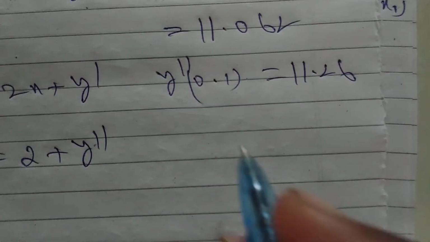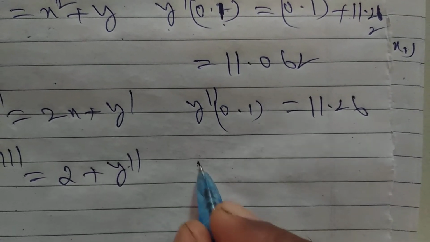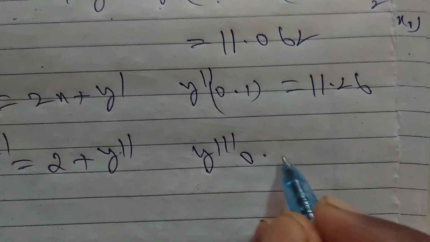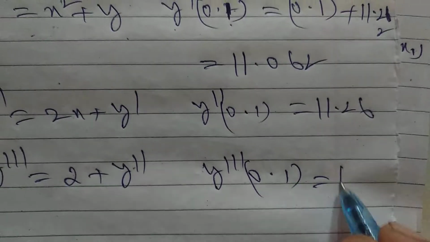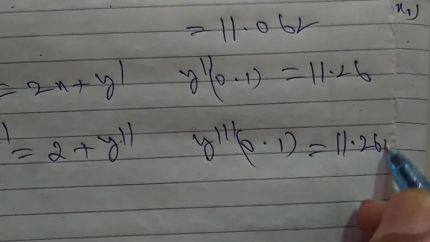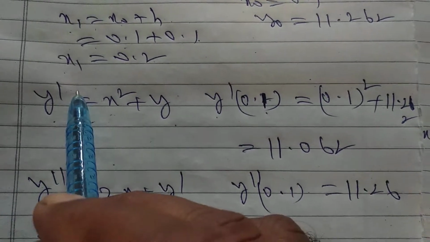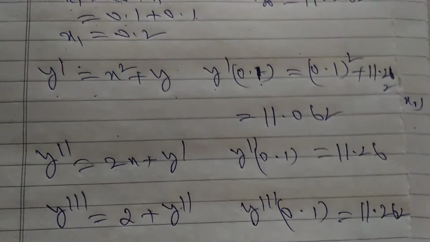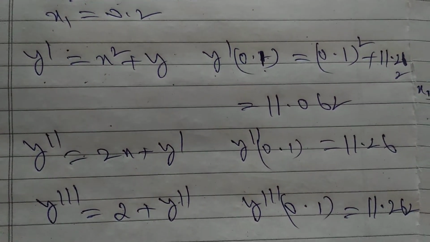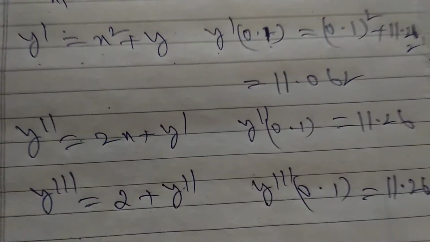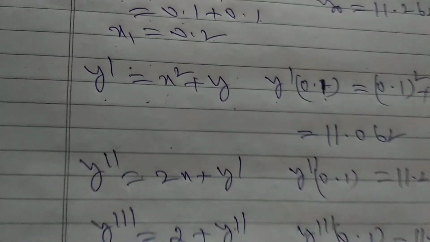Simplify at x is equal to 0.1. Y triple dash of 0.1, we simplify, we get 11.262. So now these values, the y dash value, y double dash value and y triple dash value, substitute in the Taylor series formula. So in the Taylor series formula, we will get the solution. You simplify.